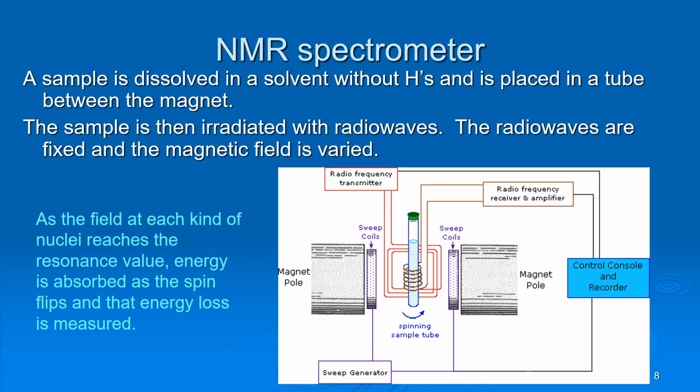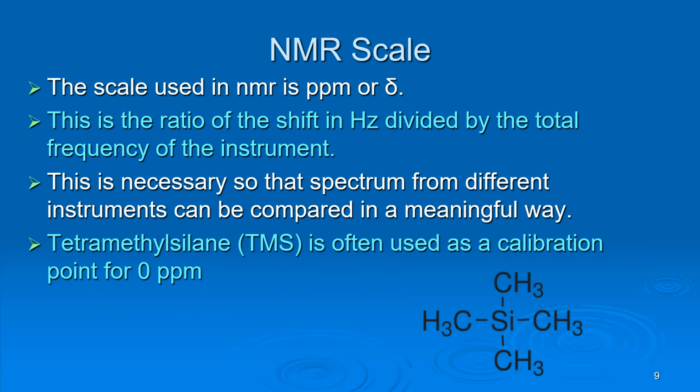And so different carbons or different hydrogens will absorb at different frequencies, and we'll talk about that in a minute. Okay, so the NMR scale is usually called the parts per million scale, ppm, or sometimes you'll see this little delta, the lowercase delta. So you'll see either ppm or delta on the x-axis.